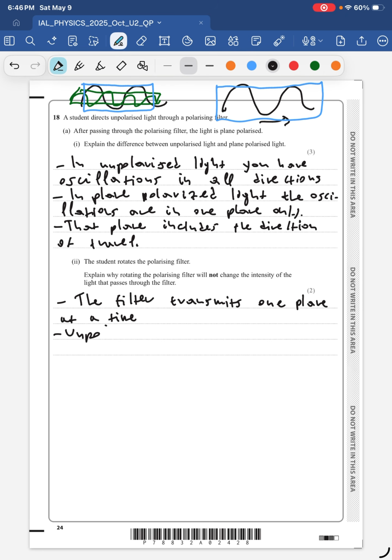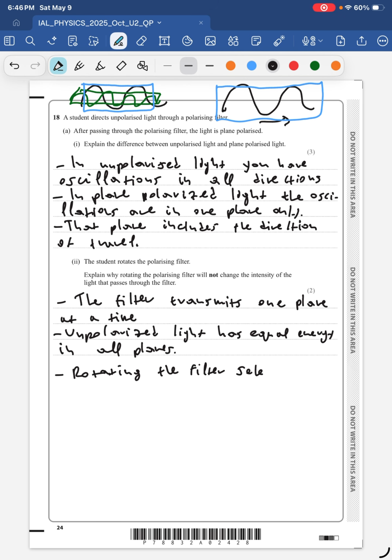And unpolarized light has equal energy in all planes, okay? Rotating the filter selects a different plane, okay? But the same amount goes through.